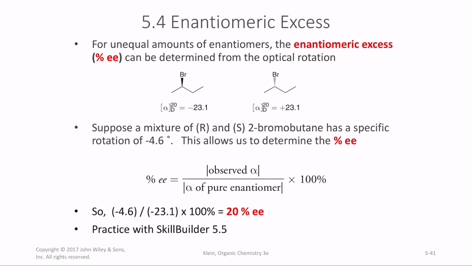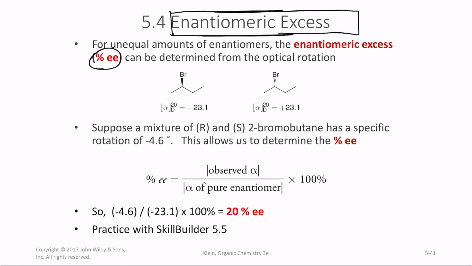So this is represented by a quantity called enantiomeric excess. Enantiomeric excess is the value that gives you an understanding of which one is in excess in a given quantity. We represent it as percentage ee. The formula here is the observed value of the rotation divided by the specific rotation of the pure enantiomer.